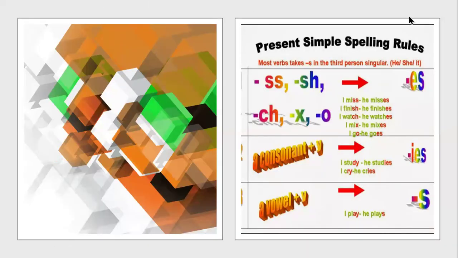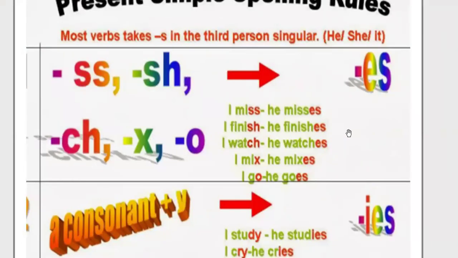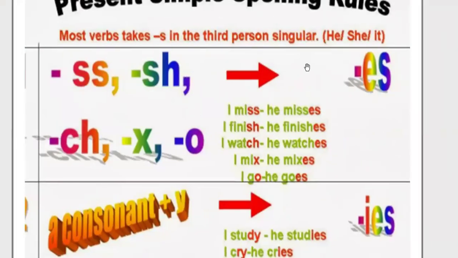So what we have to observe is the end of the verb. You can see here in red the ending of each verb. So this is as simple as that. Just observe the end of each verb, and we'll know if we have to add es or just s. We have just three groups. Look, it's not complicated, just three groups.